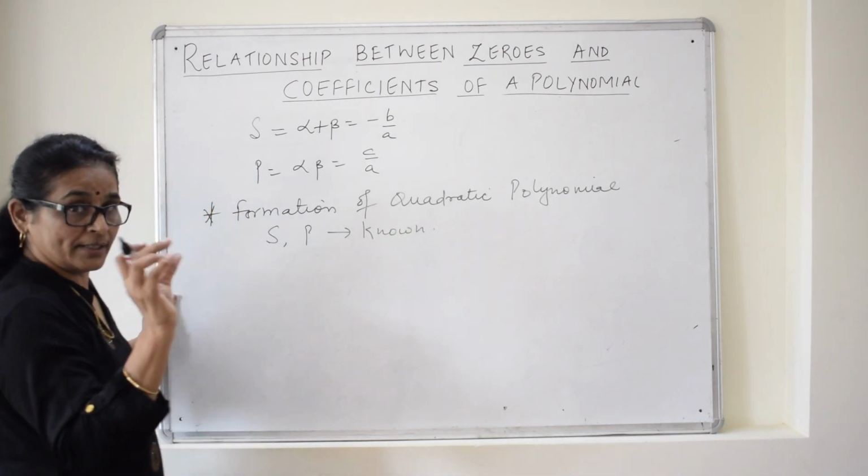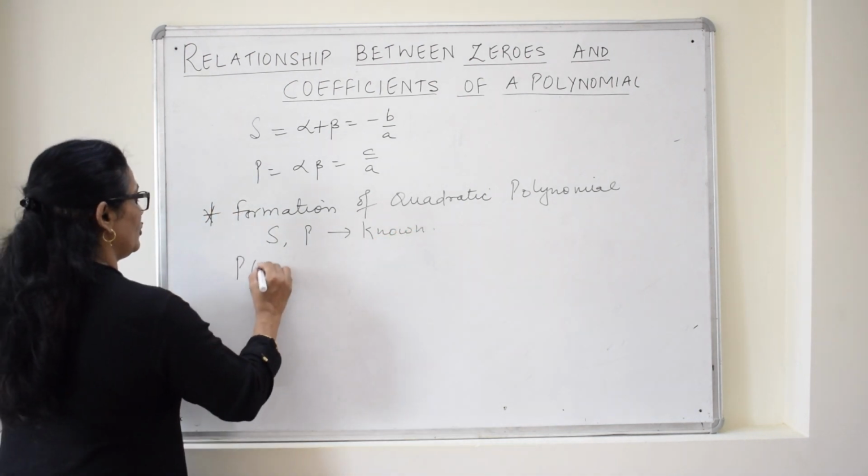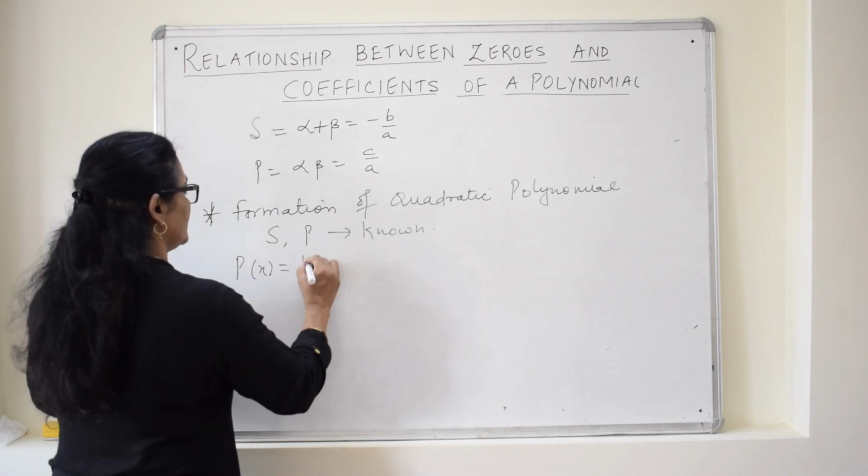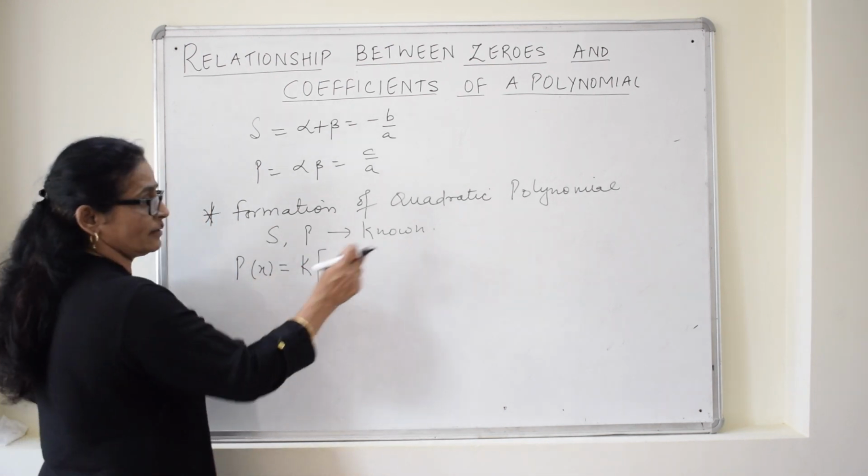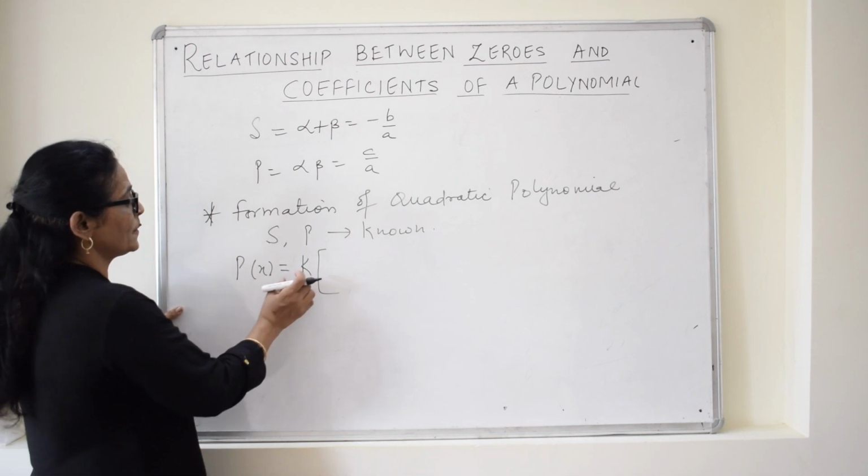So that form is p of x is equal to a constant, which we have to take, as I had explained in the earlier case.